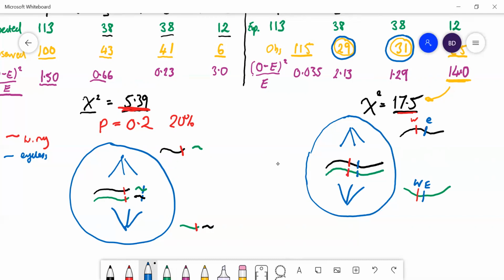But we do get small numbers of them, and of course the reason for that is because recombination does occur sometimes. So in a recombination event, you'd form a chiasmata here, and they'd exchange genetic material.